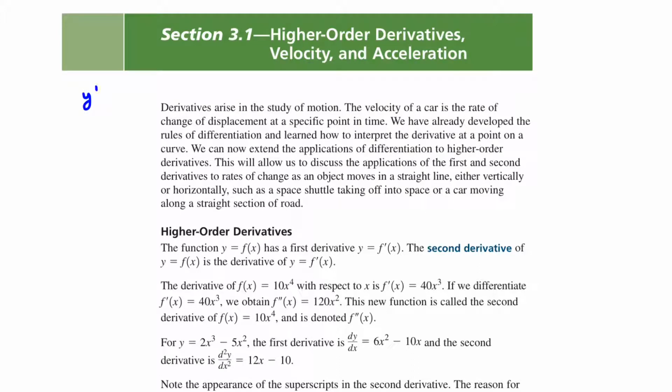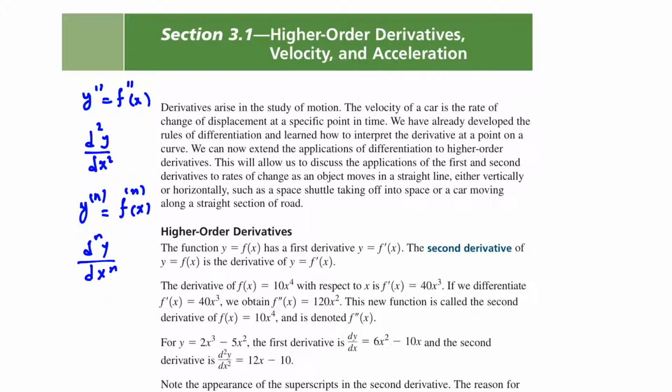The second derivative of y equals f of x is denoted by y double prime or f double prime of x. If you use Leibniz notation, you have d2y dx2. The nth derivative of a function is denoted by this notation, or dny dxn.